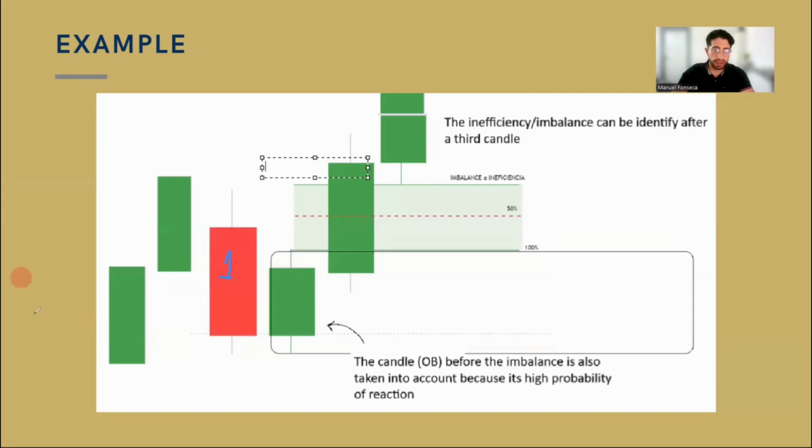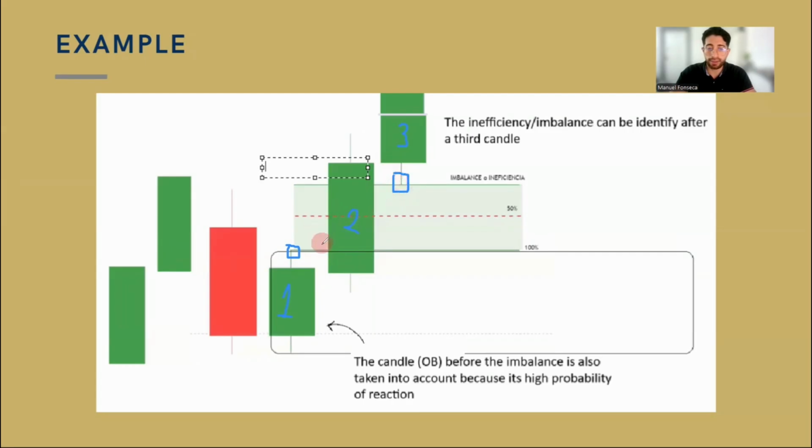But to identify an imbalance it needs a little more practice. This is candle number 1, this is candle number 2, and this is candle number 3. If you pay close attention, the wick of the first candle finishes here, I'm just highlighting it. Then we have a bullish impulse, which is the second candle, and then we have the third candle, and the wick of it just gets to this point. What does it mean?